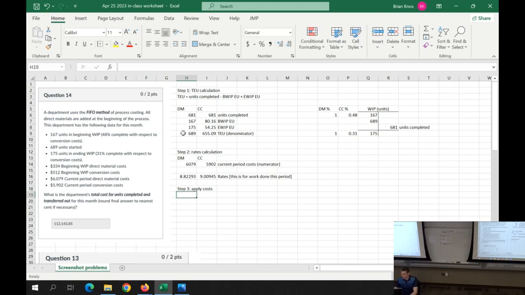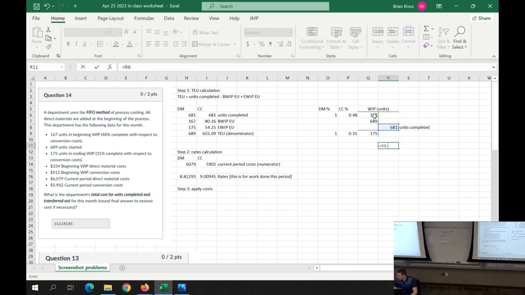We're going to be tempted to say, oh, 681 units completed times this direct materials rate is going to be the direct material cost of units completed. That's true under weighted average, but it's not true under FIFO. We're going to only include the work done this period. Under FIFO, these 167 were the first ones in, therefore they're going to be the first ones out.